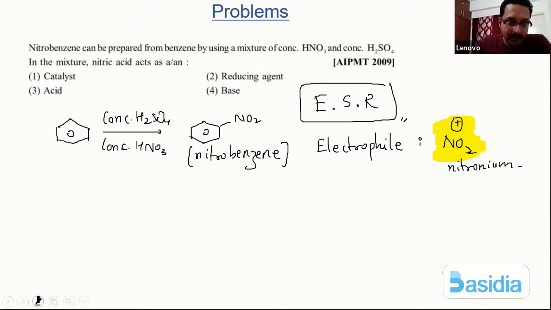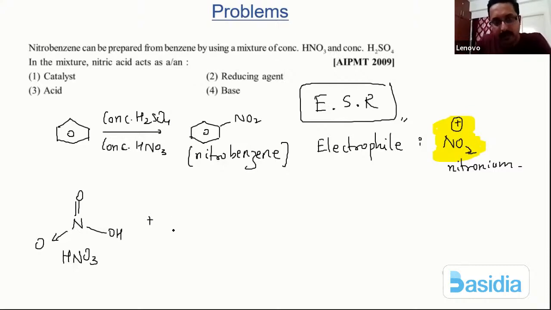Okay. So let us try to understand how this nitronium ion has actually been generated. If I write the structure, N double bond O, then we have a coordinate bond oxygen, then we have an OH. What is this? This is our HNO3. HNO3 starts reacting with H2SO4, sulfuric acid. S double bond oxygen, then you have an OH over here, and an OH over here.